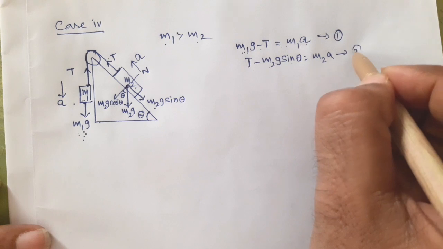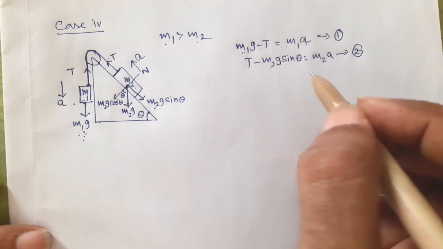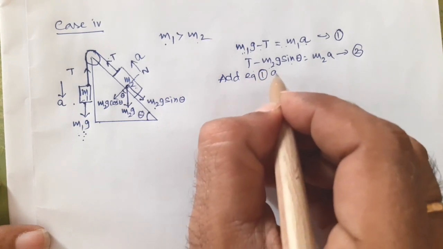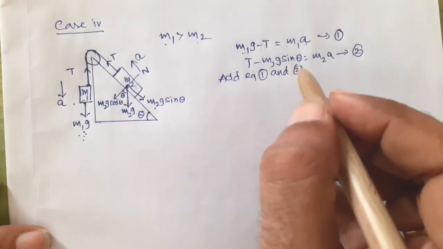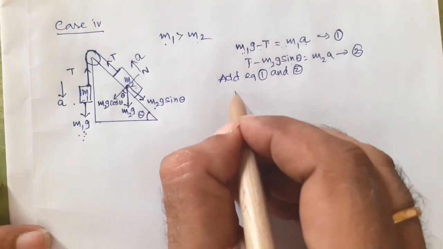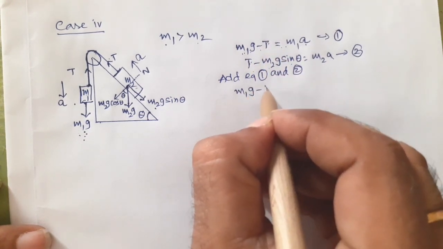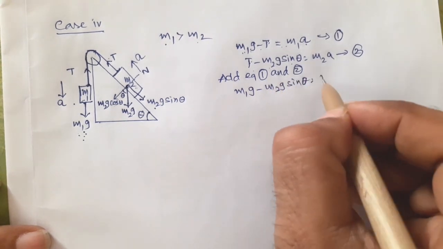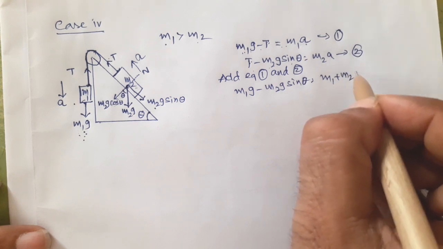Now, we simplify these two equations. Add equation 1 and 2. If we add these two equations, this T gets cancelled. The remaining part is m1g minus m2g sin theta is equal to m1 plus m2 into a.